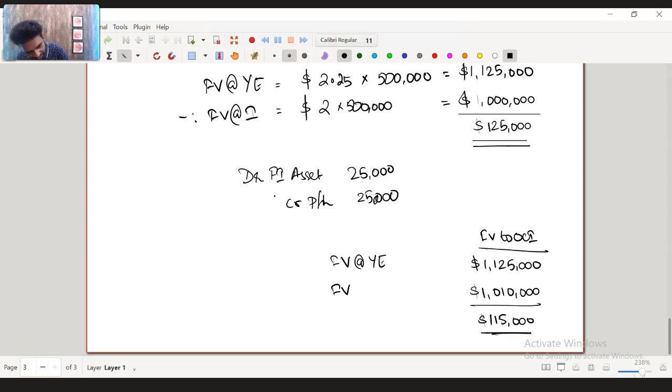So it's not 25,000, 125,000. I'm sorry, my maths is a bit poor today. So 125,000. So here it will be $115,000. So this entry would be debit investment, which is the financial asset, 115,000, and credit OCI 115,000. This will be the entry.